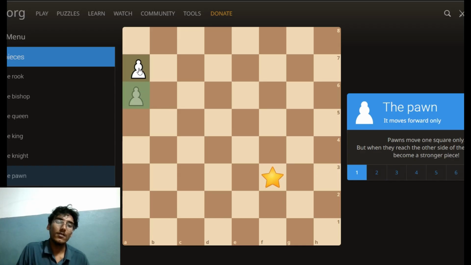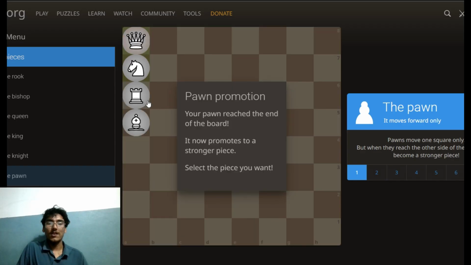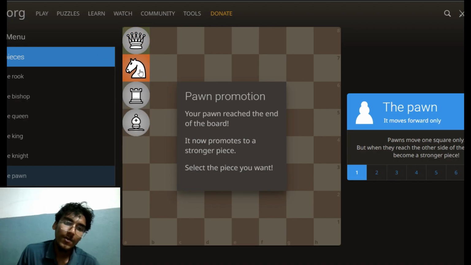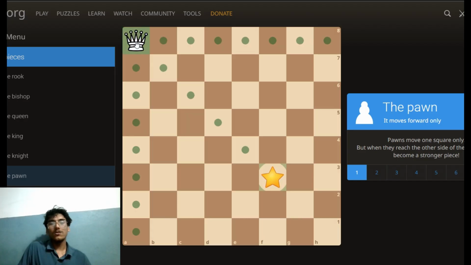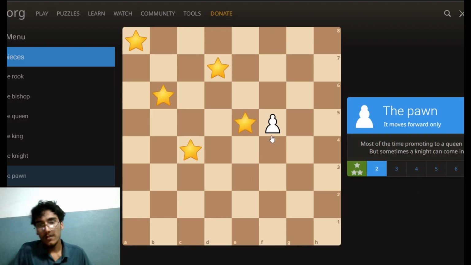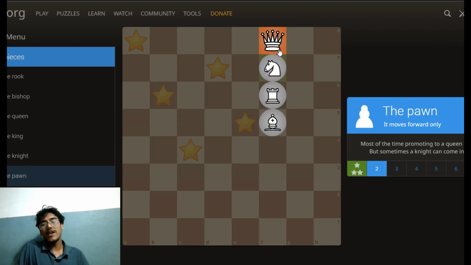Like in this case, I can make this pawn into any piece, and as the most powerful piece is the queen, we generally make a queen. So now this becomes a queen. Similarly, we can make it into a knight also.